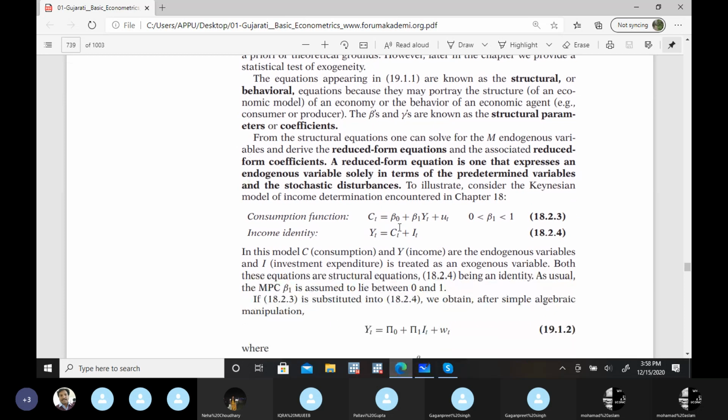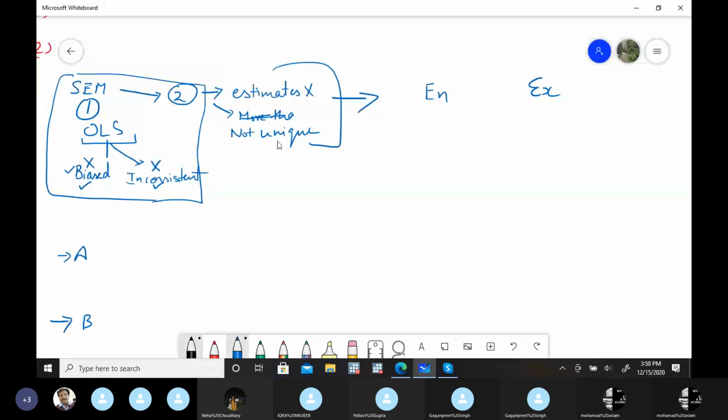Now in this case, income and consumption are endogenous variables and investment is an exogenous variable. यहाँ तक clear है सबको? Endogenous and exogenous, which variables are endogenous variables and which variables are exogenous variables. ये मैं second problem के लिए ले रहा हूँ, for the second problem कि estimate हो पाएगा uniquely या over identified तो नहीं है. For that we have to understand this process.